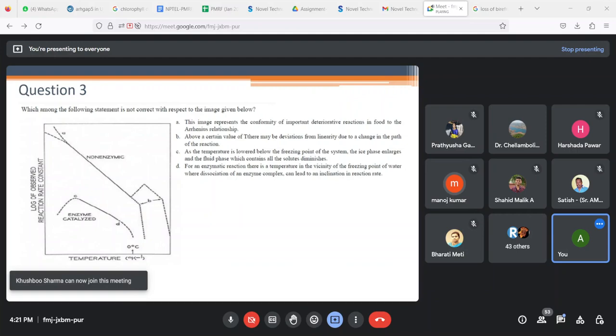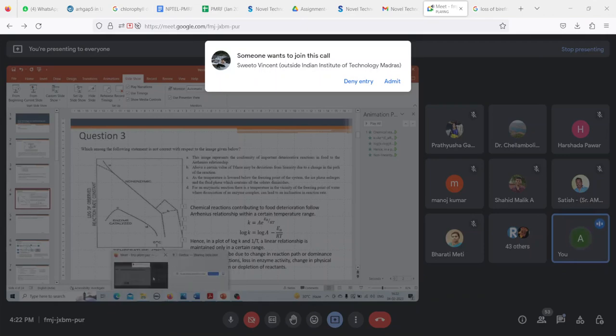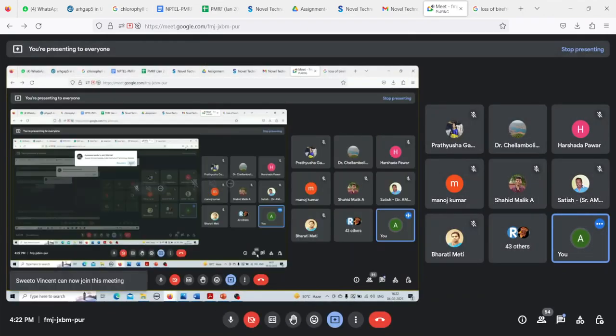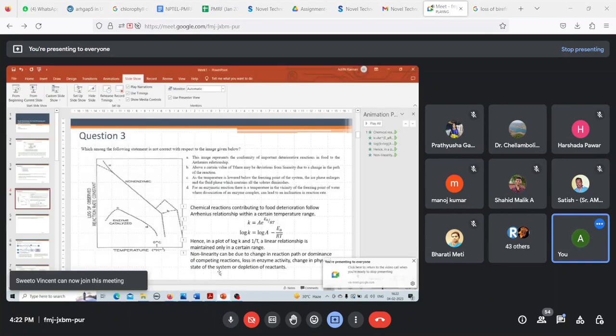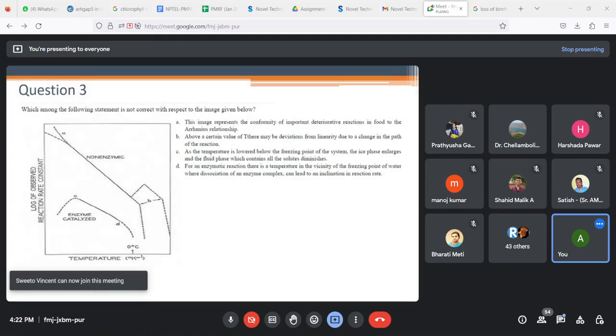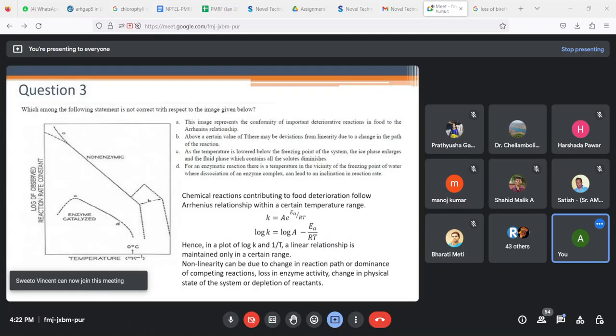Any reaction rate is dependent upon temperature, and it is often said that this reaction rate follows the Arrhenius relationship, where K, which is your reaction rate, is equal to A e power minus EA by RT. K is your reaction rate, EA is the activation energy, R is the universal gas constant, and T is the temperature in Kelvin. So this is the Arrhenius reaction rate.